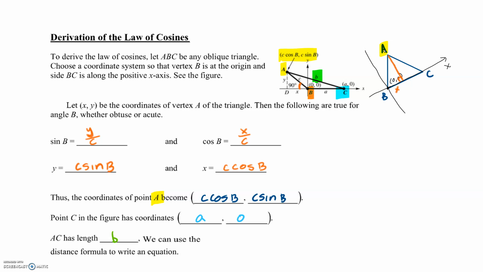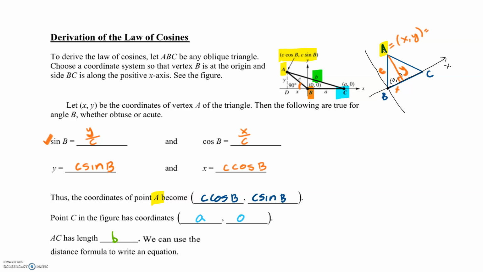If we call this x and we call this y, you can see that x comma y is still going to be the same values here. This one right here, by the way, is across from C, so that's little c, and you can see that the sine of B, let's do sine of B first, that we did over here.